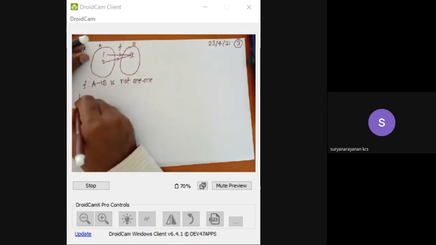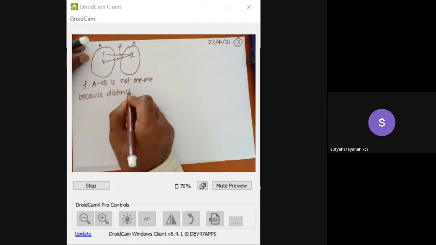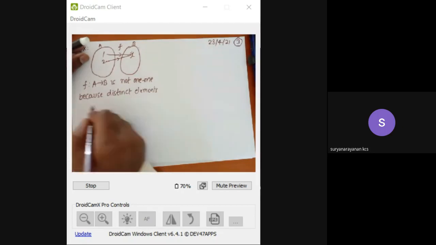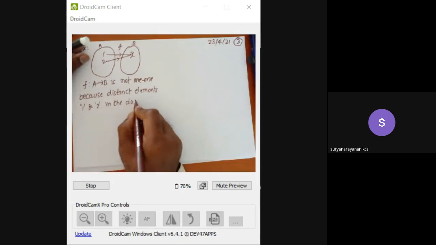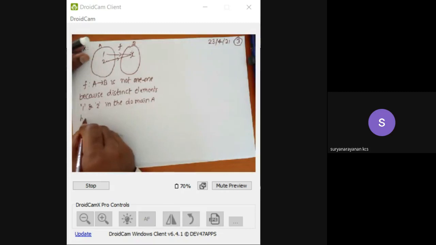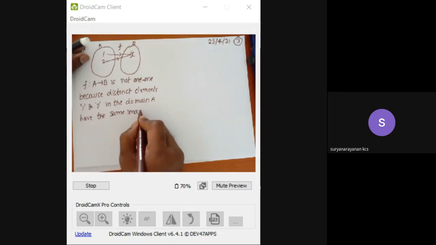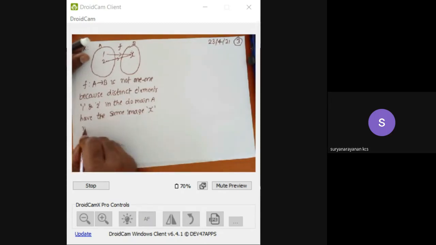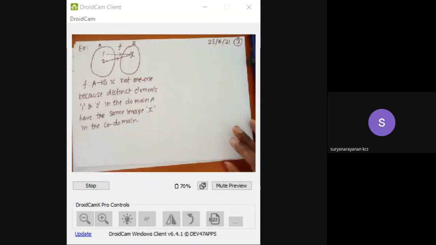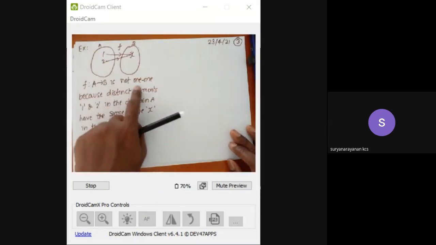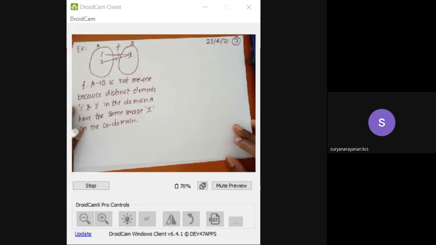F is a mapping from A to B and is not 1-1, because this is the reason: distinct elements 1 and 2 in the domain, are you all watching the screen, my children?